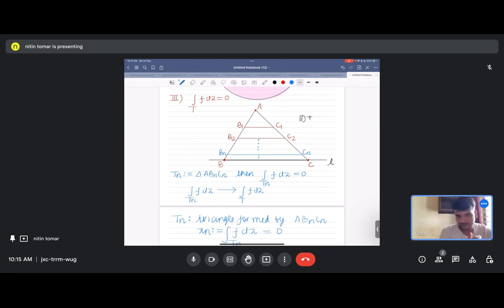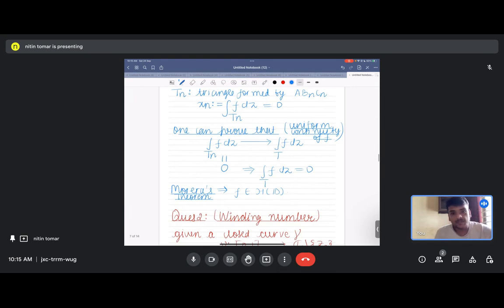This is an exercise; one can prove that the integral over Tn of f dz goes to the integral of f over T dz by using uniform continuity of f.